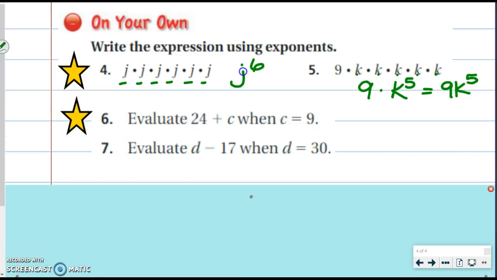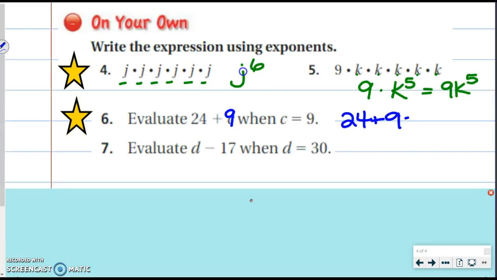Now we're going to evaluate these two problems here. Evaluate 24 plus c when c equals 9. So the nice thing about a smartboard is I can just totally override that c and replace it with the 9, which is its value. And I know that 24 plus 9 is 33. All right, so number 7, I have d minus 17 when d equals 30.